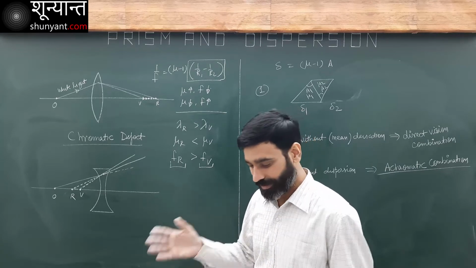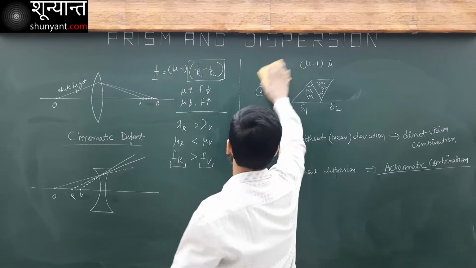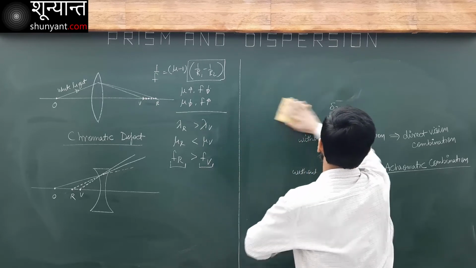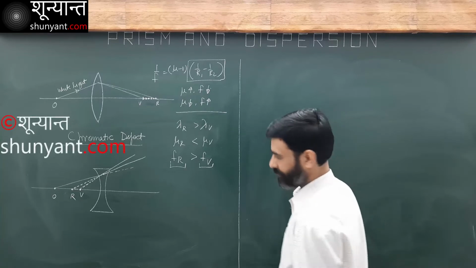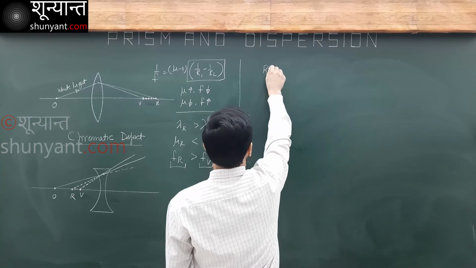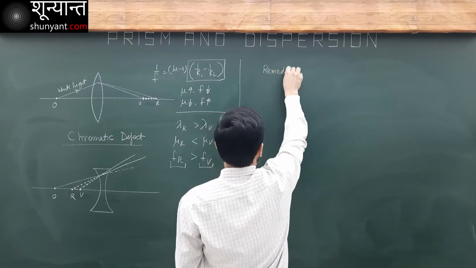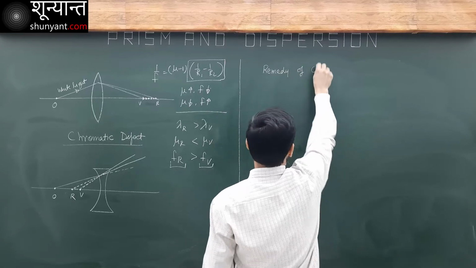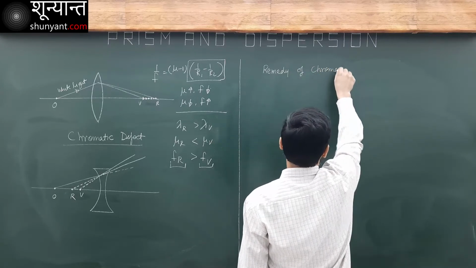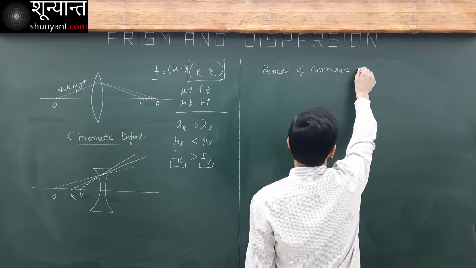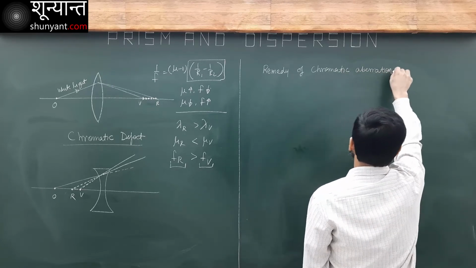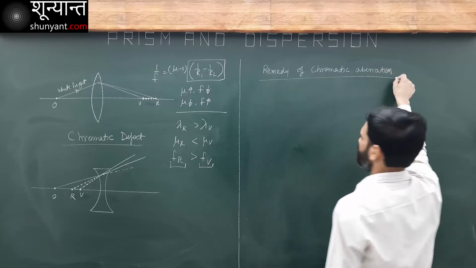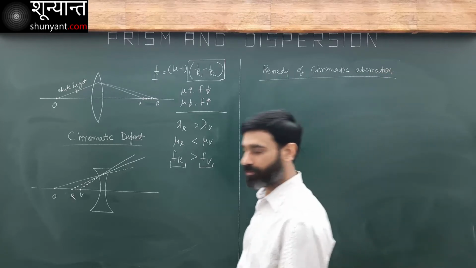Then how to remove this? What is the remedy for this? Chromatic aberration or chromatic defect, both are the same.